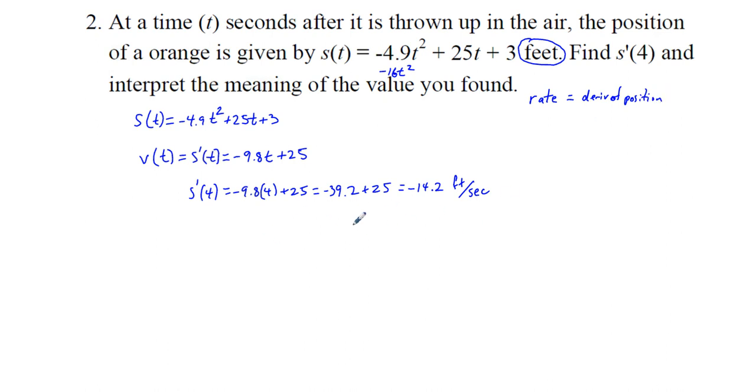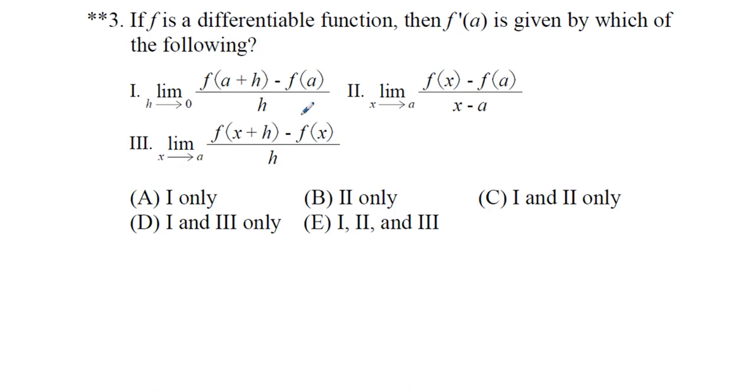So this is going to be the velocity of the orange at t equals 4 seconds. That would be the interpretation. So let's go look at the next problem, 3.